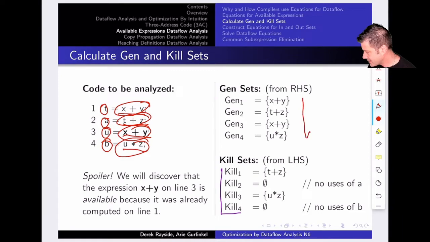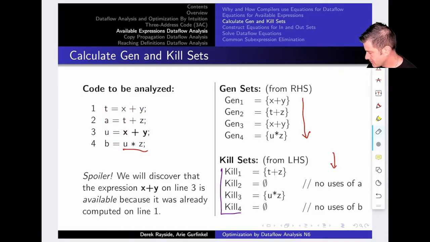The gen sets are easy because this is just the right-hand side of every statement. The kill sets, we need to go and see out of all possible expressions, which are the ones that actually can be killed. So again, we go over here, say, kill everything that has t in it. We look at all expressions that are ever available.